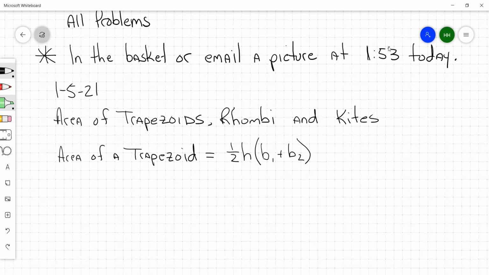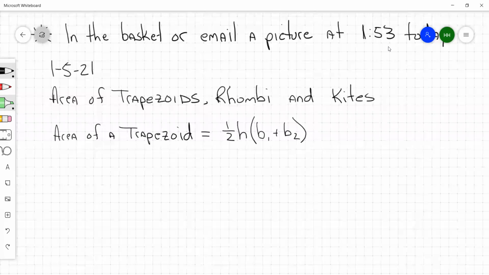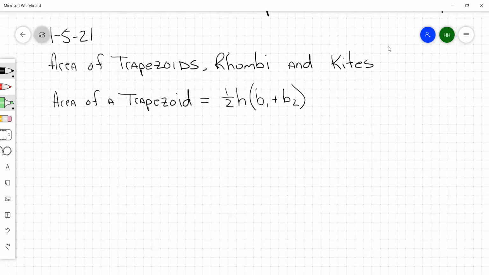So 1/2 times height times base 1 plus base 2. You got to add the bases together first. So look, in a trapezoid, the bases are the parallel sides.